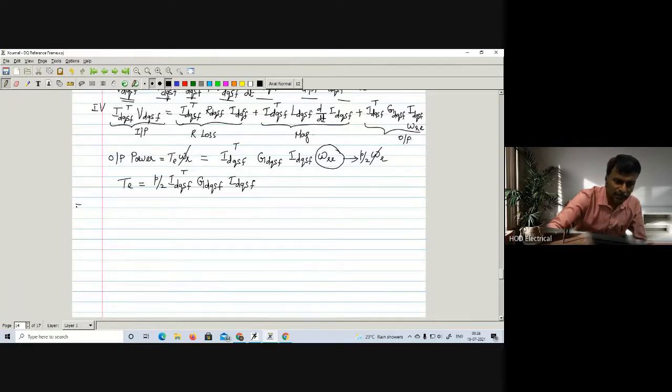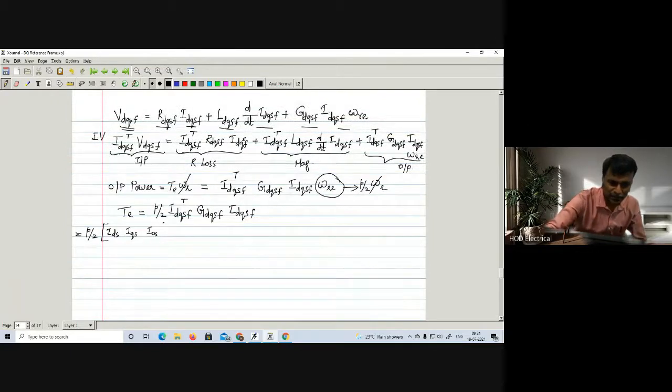Torque is equal to P by 2 times I_dqS transpose, meaning IDS, IQS, I naught S, then for the rotor IDRF, IQRF, I naught RF. Then we have the 6 by 6 matrix.